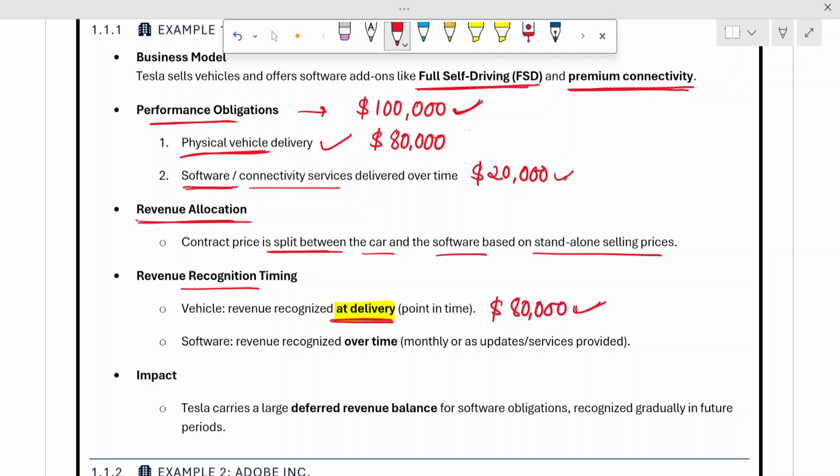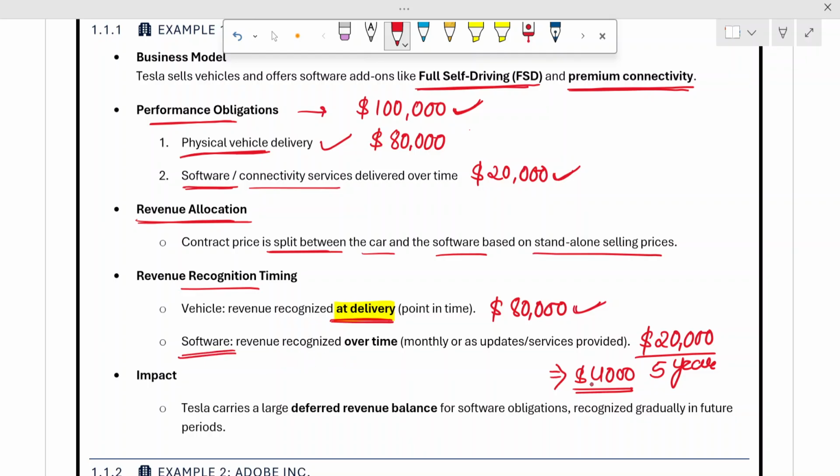However, for this $20,000, let's suppose Tesla has a contractual term wherein they say that this $20,000 of software services will be used for 5 years, and beyond 5 years they will be charging for it. So effectively they are charging $4,000 on a year-on-year basis for these software services.